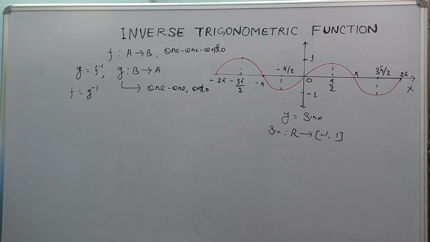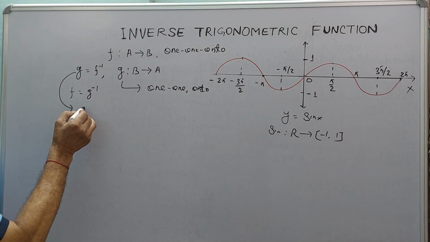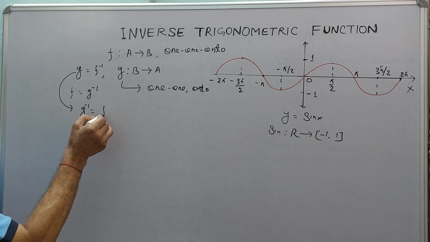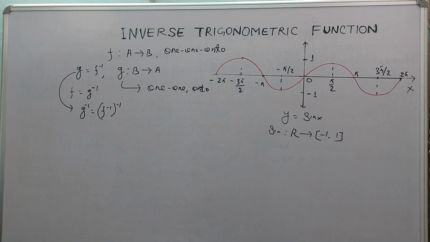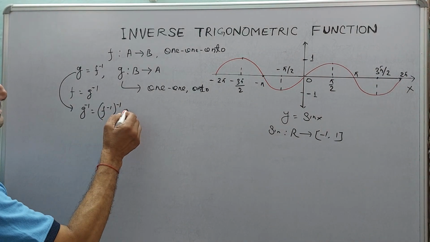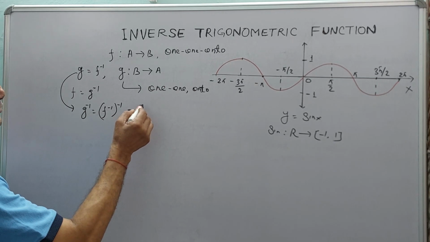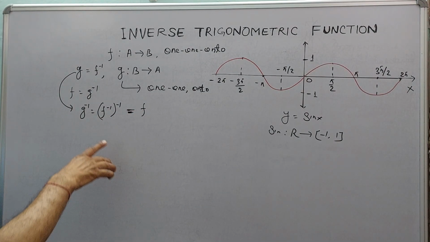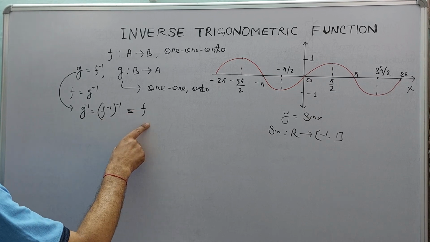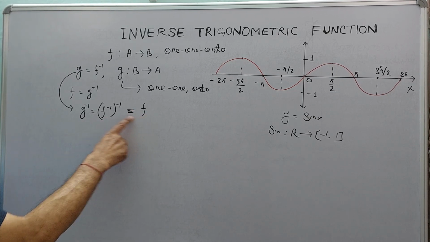Writing this, the inverse of g inverse will be f, since the inverse of an inverse function removes the inverse. So g is the inverse of f, and f is also the inverse of g.